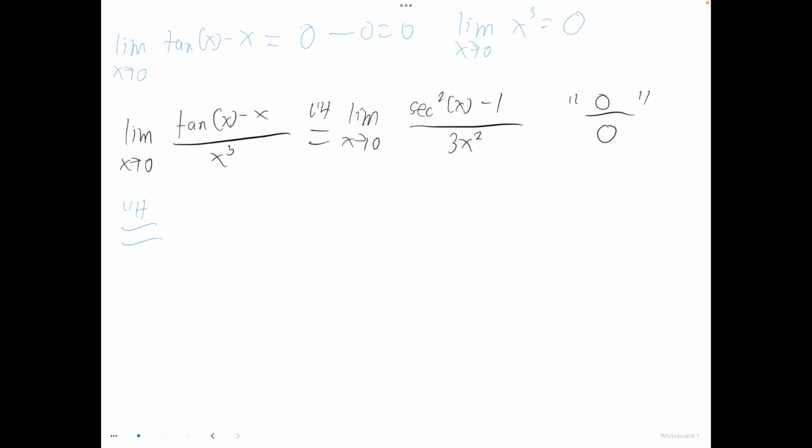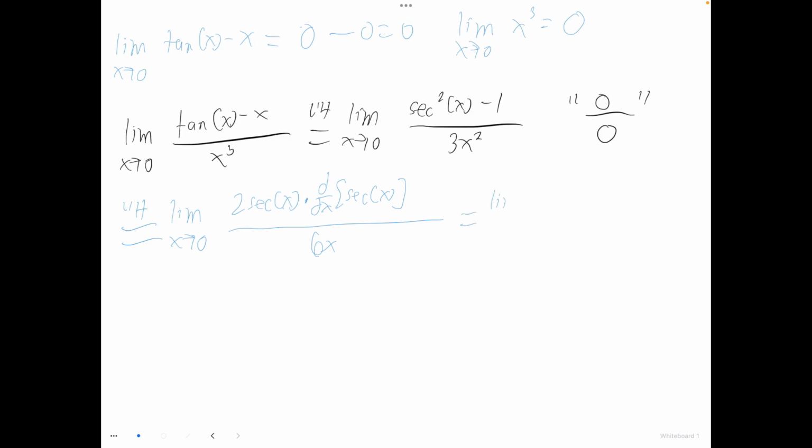So making use of L'Hopital's rule again, we have the derivative of secant squared, so we have to use the chain rule. So we have 2 times secant of x times the derivative of secant of x. The derivative of 1 is 0, so we just have this. Then the derivative of 3x squared is 6x.